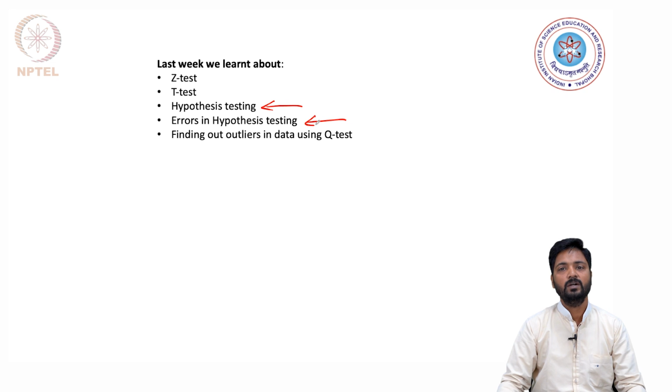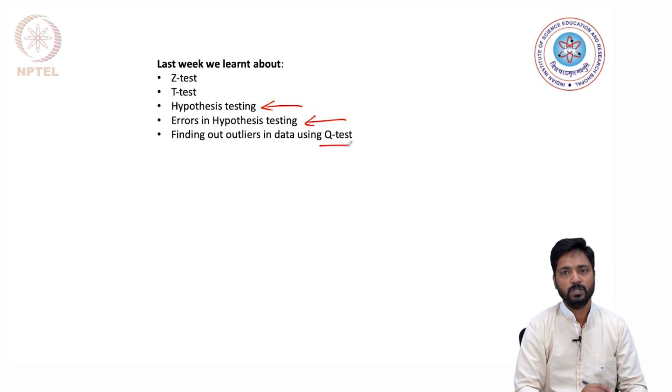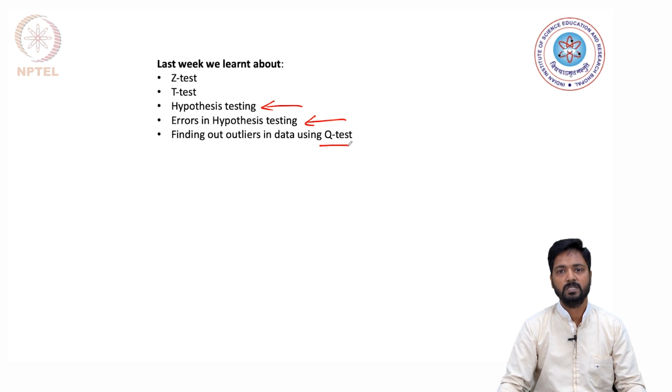And finally, we also learned about applying the Q-test to identify outliers in our data. So with this background, we are all set to embark on the next level of applying these understandings to what is known as analysis of variance.